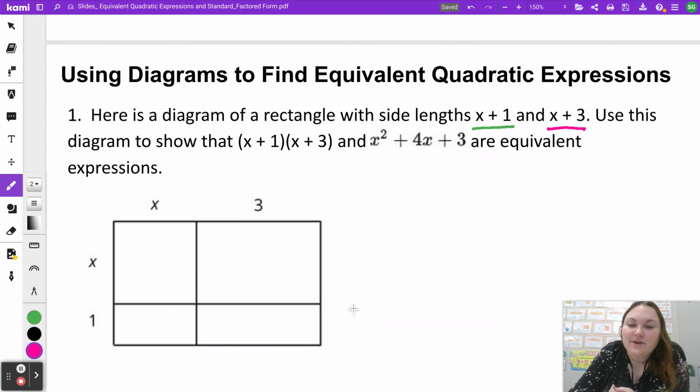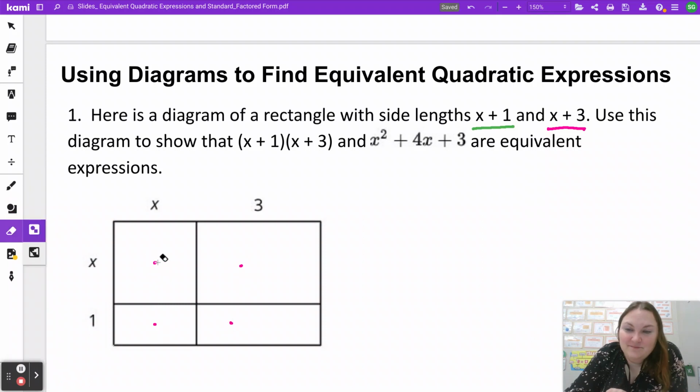And so in order to do that multiplication, there's a little more happening, and the diagram really helps us see what those multiplication problems are that we need to do. There's going to be 1, 2, 3, 4 multiplication problems that I have to do in order to find the equivalent expression to x plus 1 times x plus 3.